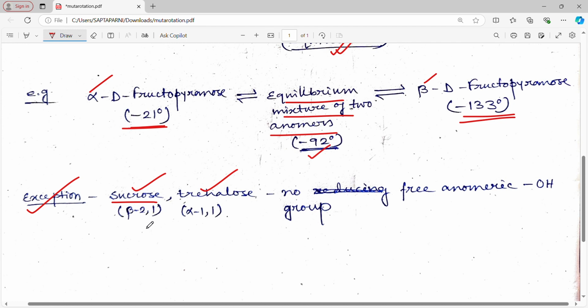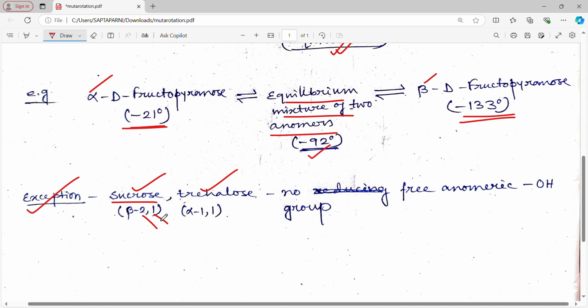For glucose, the first carbon is the anomeric carbon, and for fructose, the second carbon is the anomeric carbon. In sucrose, the bond is formed between these two anomeric carbons, the beta 2,1 glycosidic bond. That is why the two anomeric carbons are already bonded, so there is no free hydroxyl group.